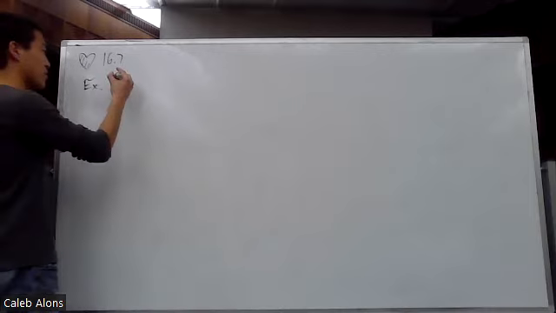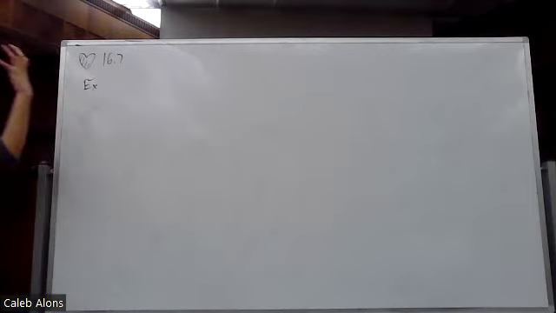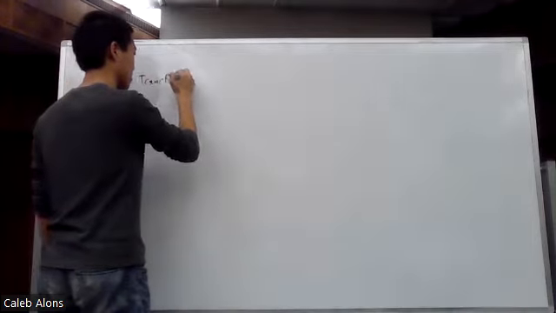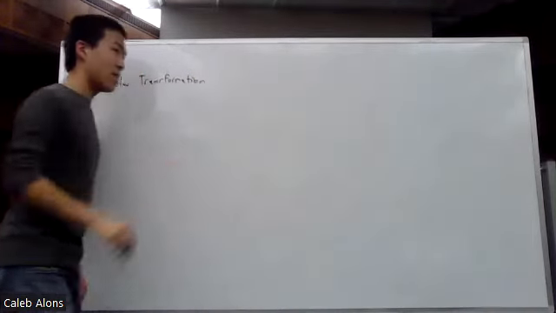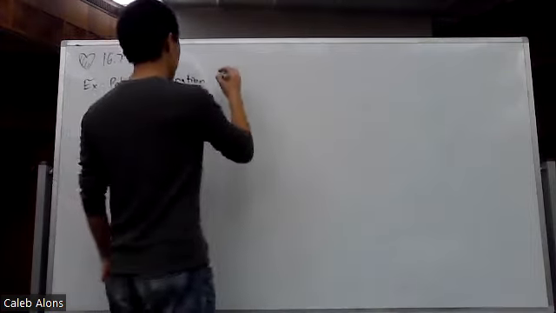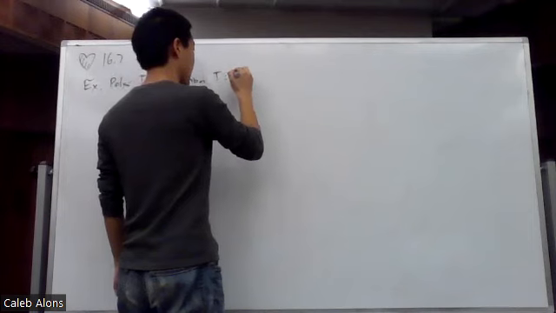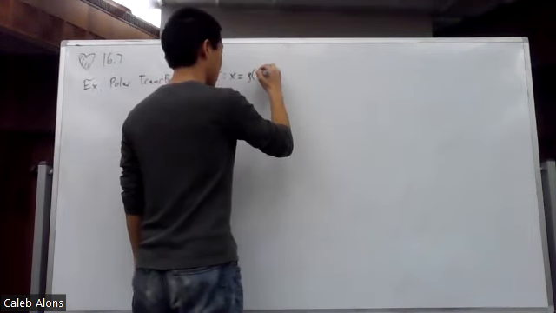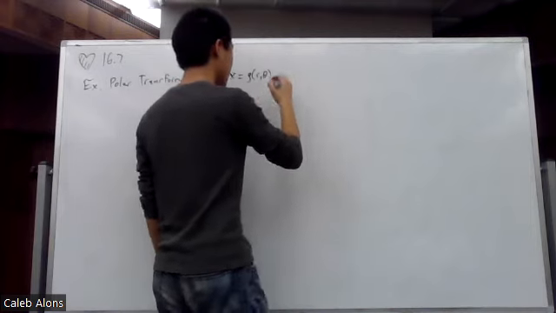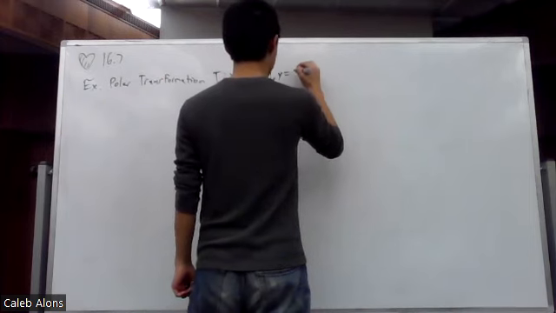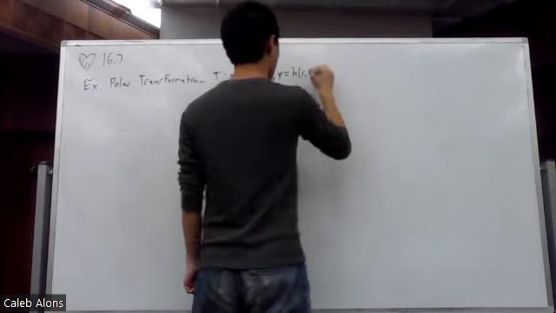Okay, and when we're transforming, the polar transformation, let's talk about that. The polar transformation from Cartesian rectangular to polar, so T is given by x equal to some function g of r and theta, and y is given as some function h of r and theta.